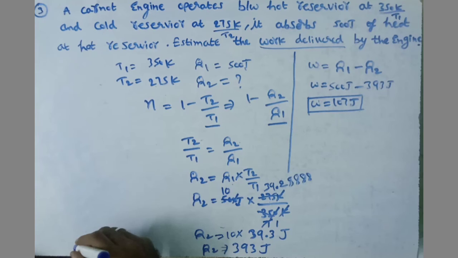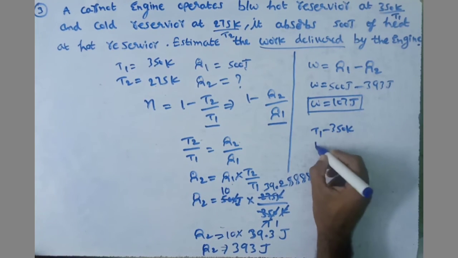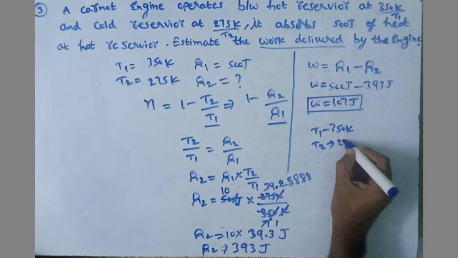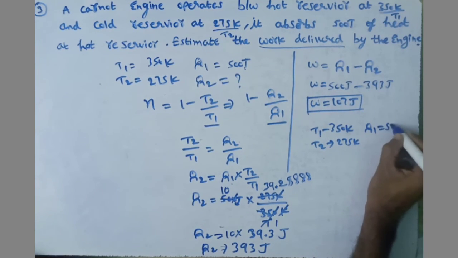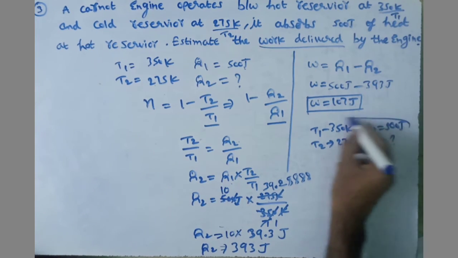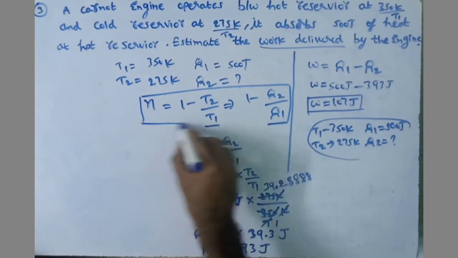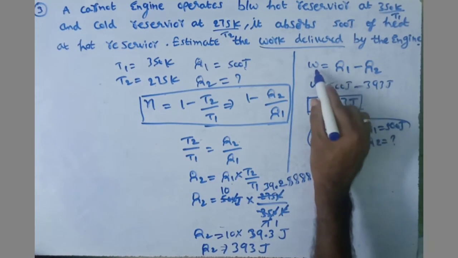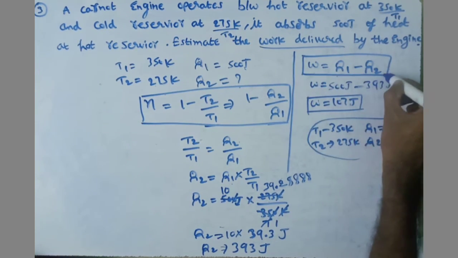Here the engine is working between T1, 350 kelvins, and T2, 275 kelvins. It has taken Q1, 500 joules of energy, and Q2 we did not know. Using this formula we have found Q2, but actual work done is Q1 minus Q2.